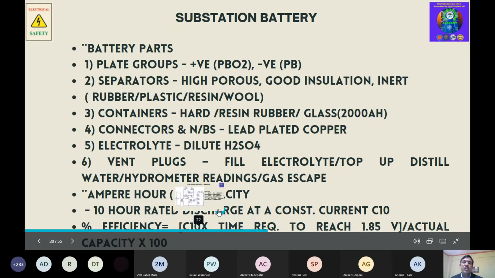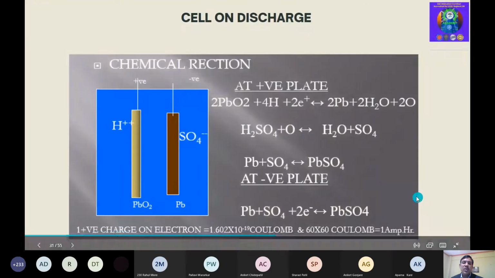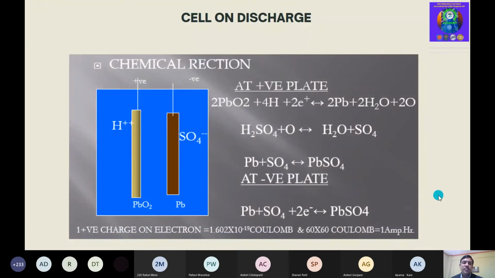C10 current means you are discharging your battery, suppose at 10 amperes, for the required time. Suppose it is 220 volt, and whenever each cell reaches 1.85 volt after draining out, in this way you can calculate the capacity of that battery.